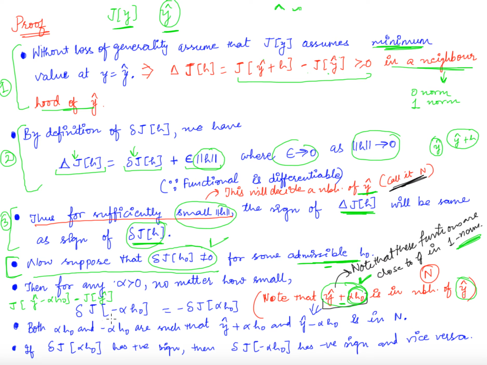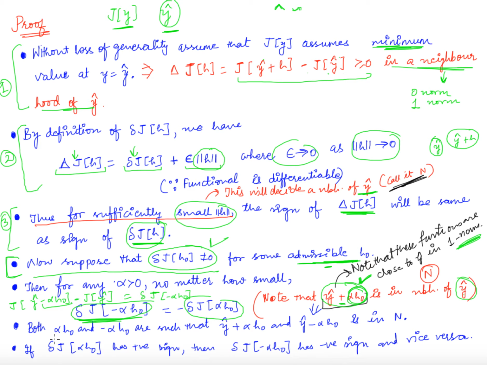This will be equal to the variation of J, where h is minus alpha h naught. Because this variation is linear, we can take the negative sign out. So this quantity is equal to minus the variation computed at alpha h naught.